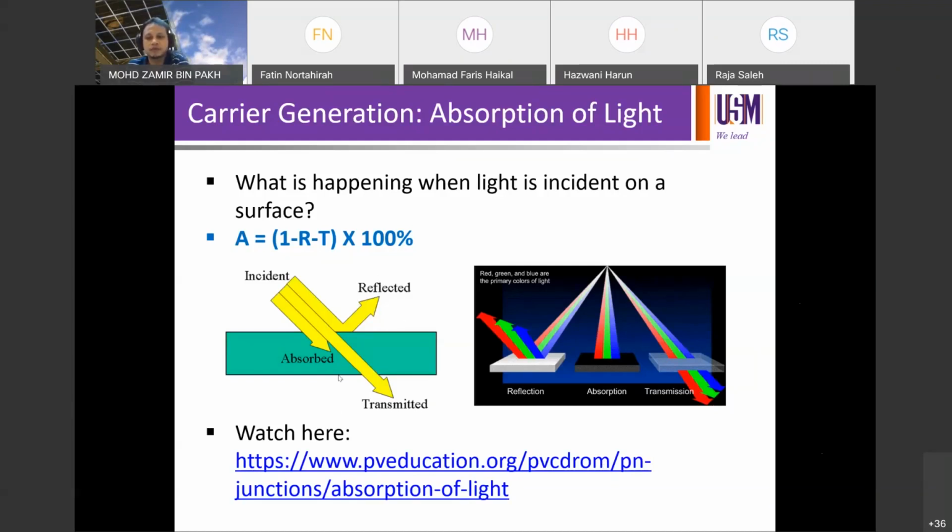Okay, so for example, if you look at a wall, and the wall is yellow. Okay, kenapa you nampak color yellow tu? Katalah you masuk dalam lecture hall and the color of the wall is yellow. Why do you see the yellow?